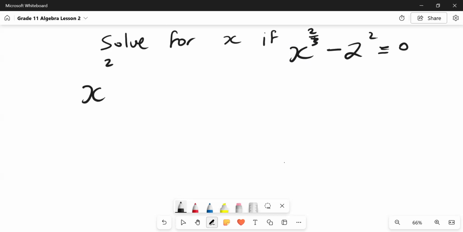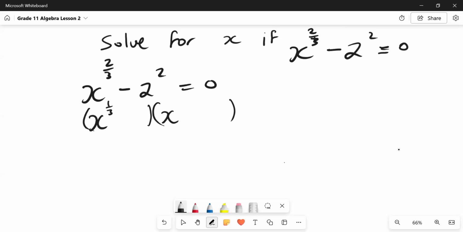This is just a difference of two squares, because we can get the square root of x to the power 2 over 3, which is x to the power of 1 over 3. And then this is 2 and 2. Now, difference of two squares.